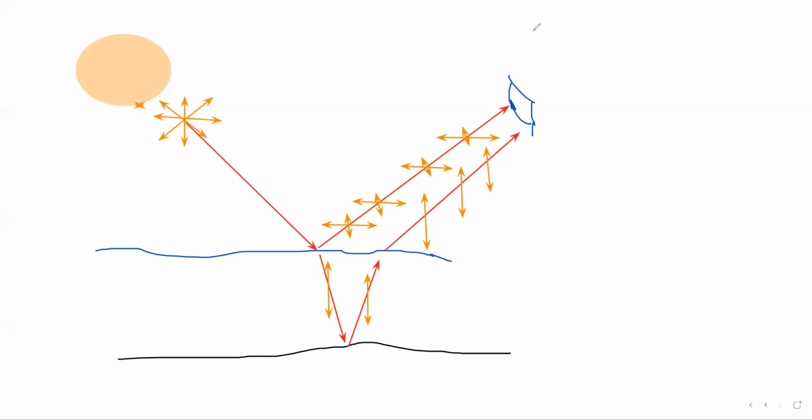Now what you can do for this purpose: what are sunglasses? Actually, sunglasses are polarizing filters. So if another person is there who has these sunglasses, which are polarizing filters, the sunglasses allow only one component to pass and block the other.